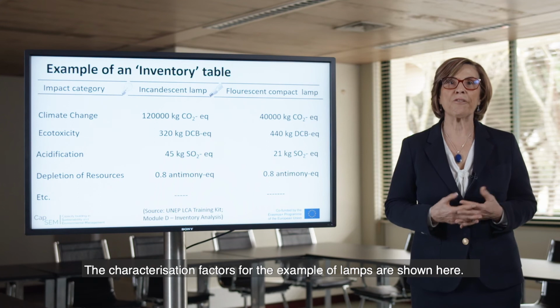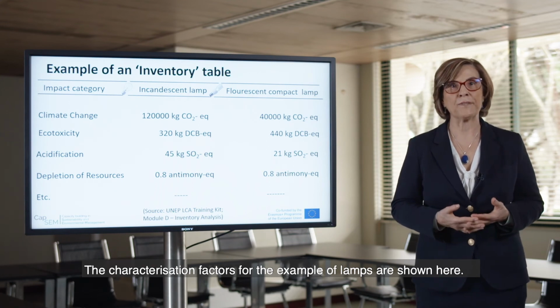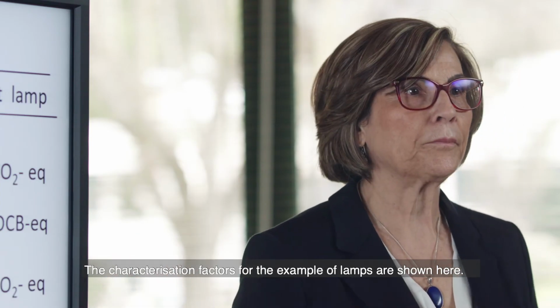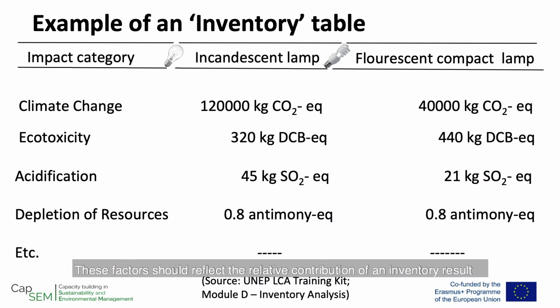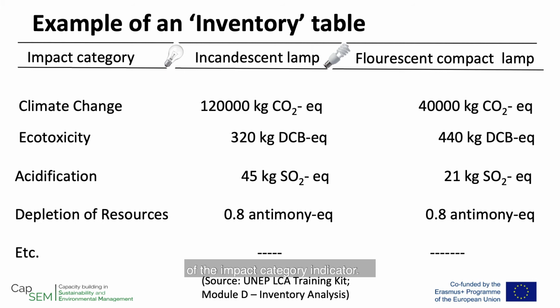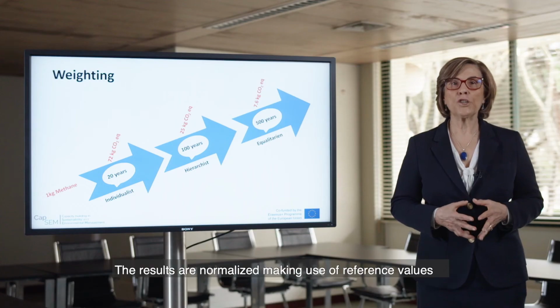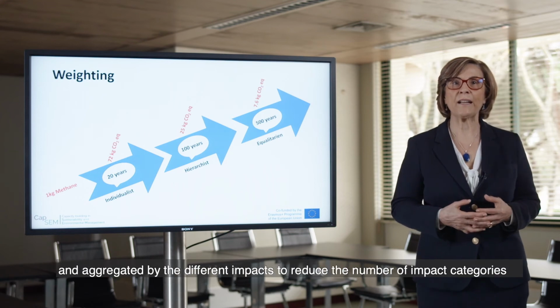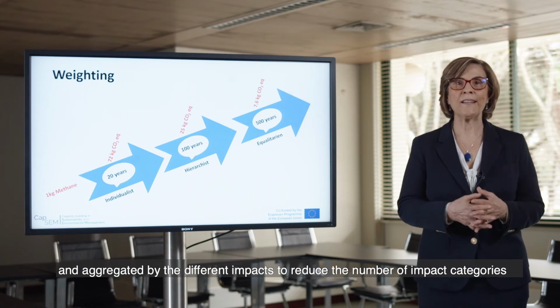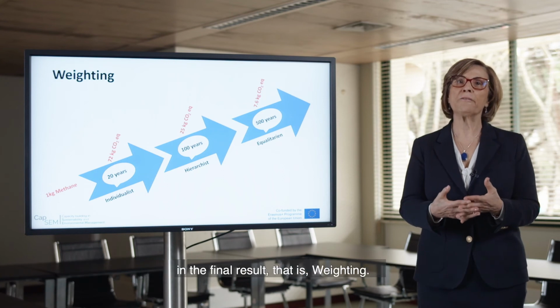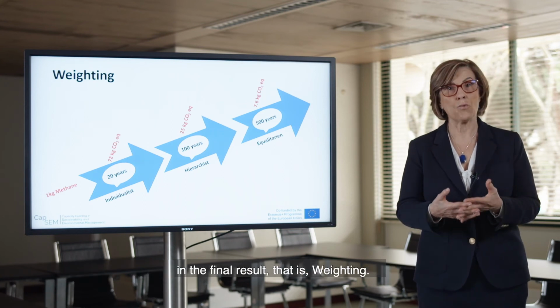The characterization factors for the example of lamps are shown here. These factors should reflect the relative contribution of an inventory result of the impact category indicator. The results are normalized, making use of reference values and aggregated by different impacts to reduce the number of impact categories in the final result, that is, weighting.